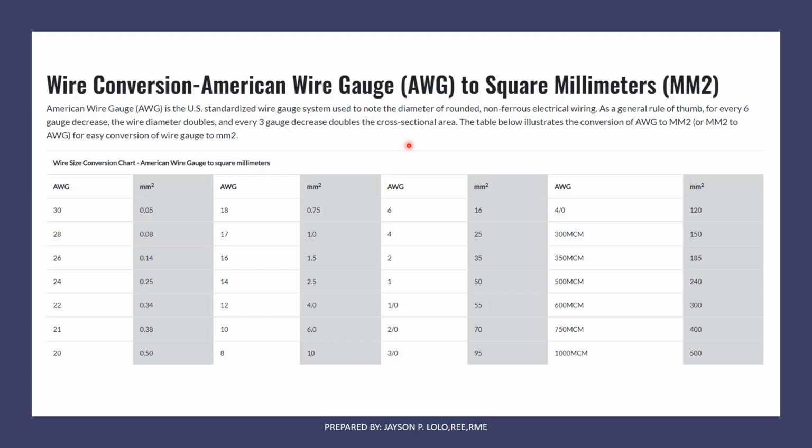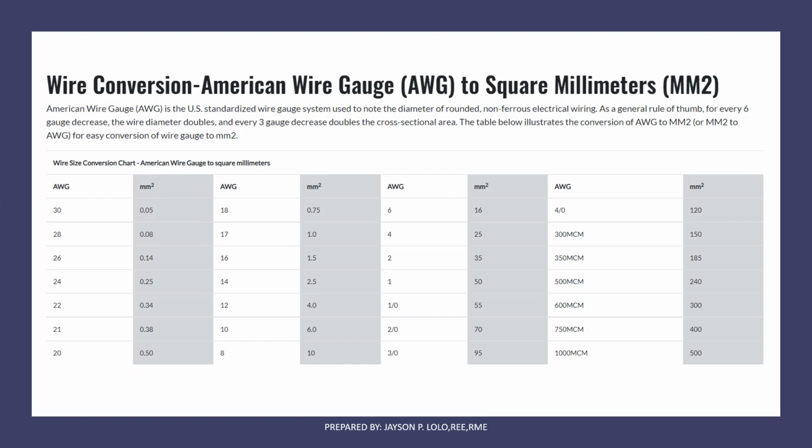Some of the updated Philippine Electrical Code and National Electrical Code now use square millimeters, and when you go to the market, some boxes of wires are measured in square mm. As a general rule, traditional electricians use AWG, but modern electricians and electrical engineers today use mm squared.